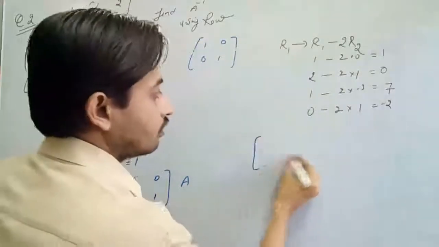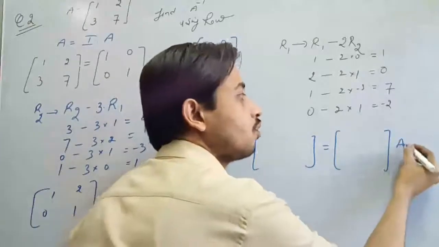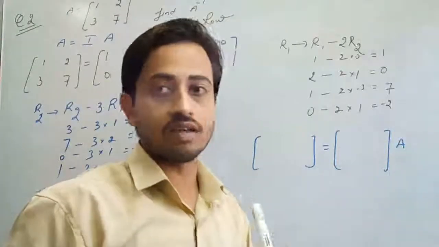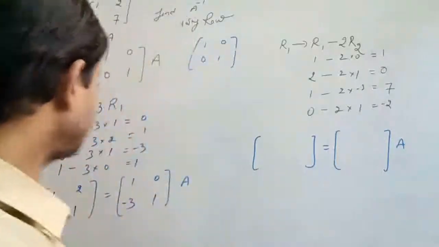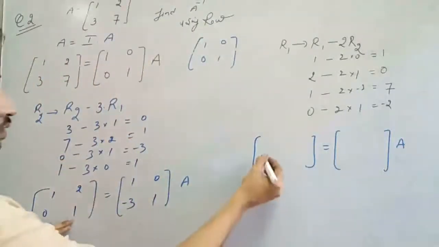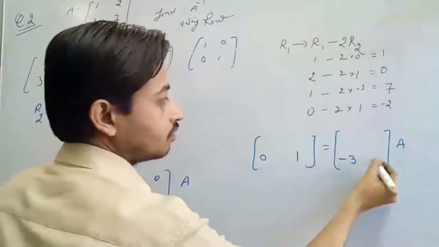Now what do you write first? You write the second row as it is, because we have changed R1, not R2. What is R2? 0, 1, minus 3, 1.